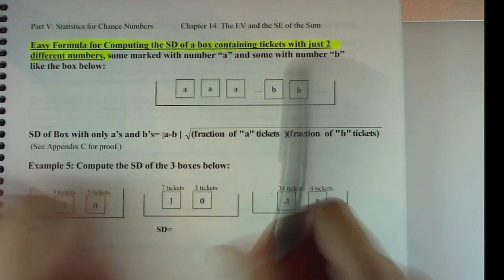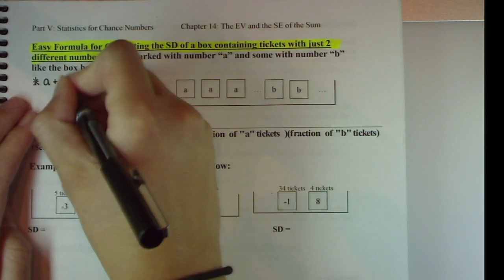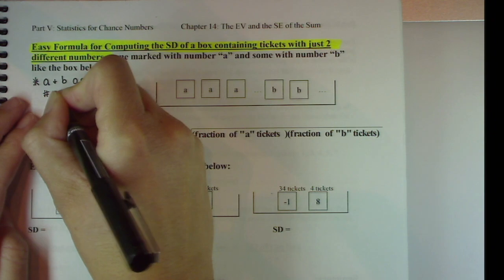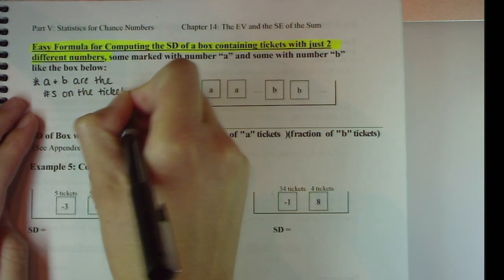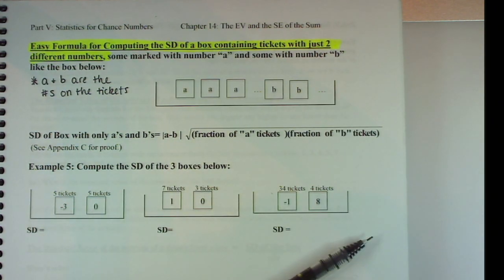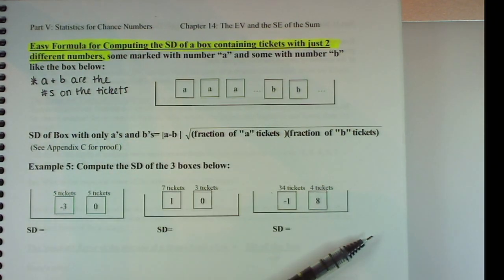So something like this. So basically, the A and B are the numbers on the tickets. So like if we have a box with just 1s and 0s, I could use the formula. If I had a box with just -5s and +5s, I could use this shortcut formula.